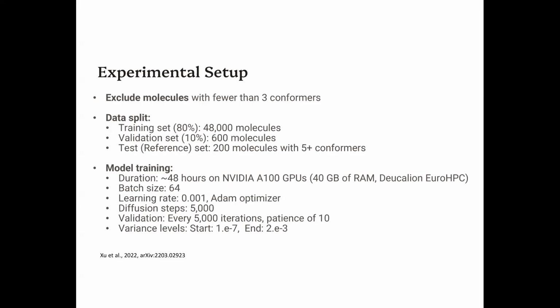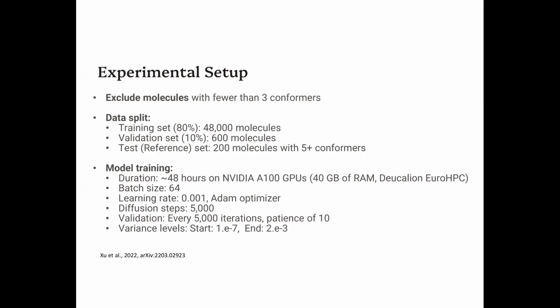We considered a test set with 200 molecules, having at least 5 conformers, just to make the assessment of the generated conformers reasonable. We trained the model for about 48 hours on a partition of NVIDIA A100 GPUs from the Eucalion EuroHPC, using a batch size of 64 molecules, a learning rate of 10 to the power of -3, and an Adam optimizer. The diffusion steps were 5,000 for the diffusion and reverse process.